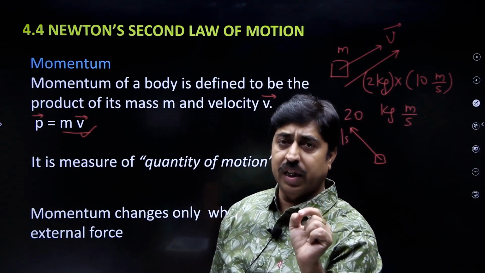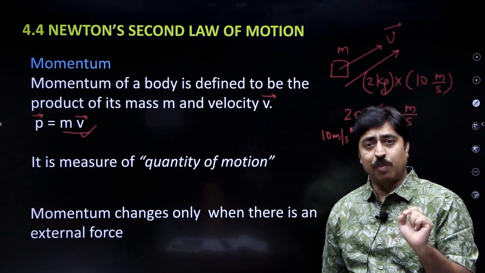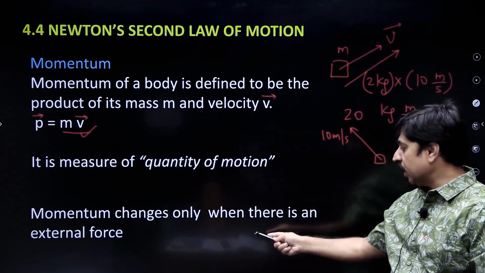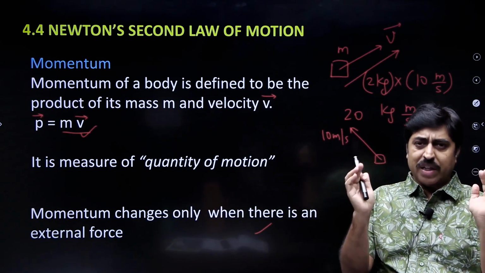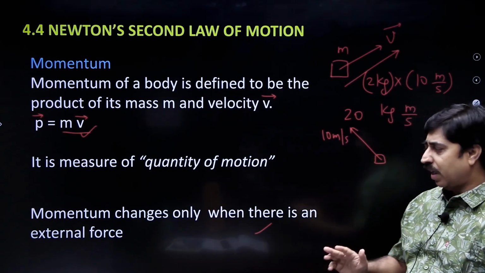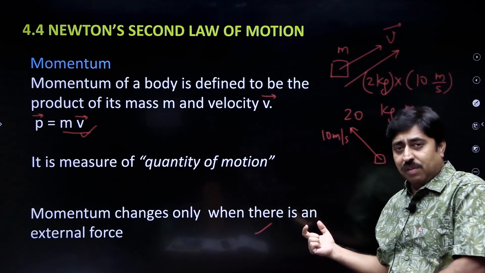And if velocity has changed, we will have to say that the momentum of the body has changed. So this statement basically tells you that for a body of fixed mass, its momentum will change only when there is an external force.